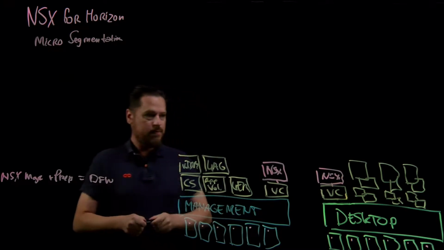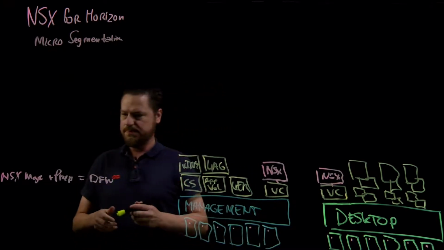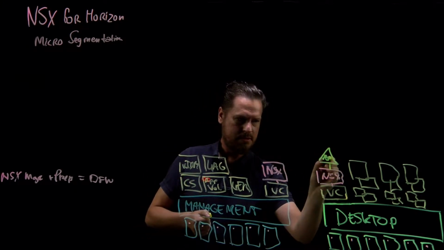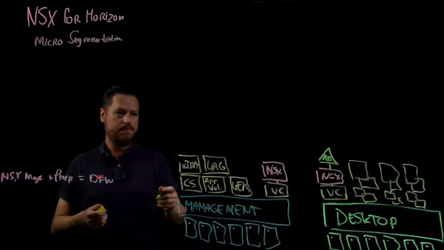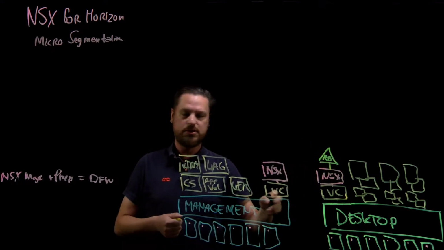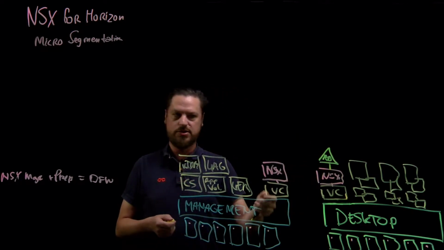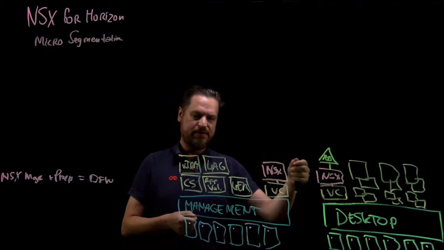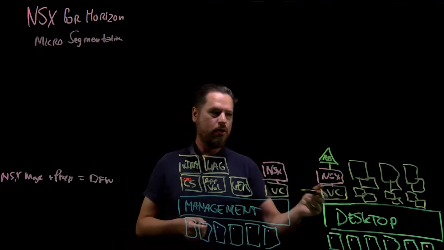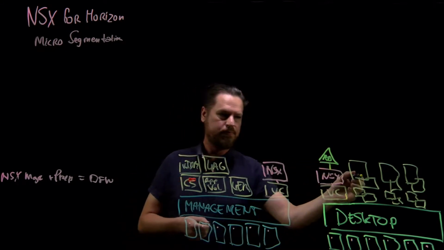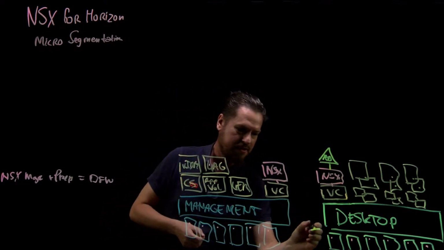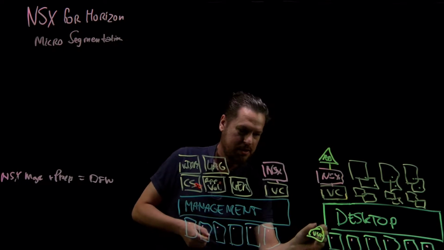Okay, so next we want to link the NSX manager to the Active Directory domain. So either via the log scraping, so connecting the AD to the domain controllers, so we can scrape the security log, so we get user and Active Directory group information from the Active Directory, or we can use the guest introspection to see what's in the desktops, and we need to have a VSM deployed on the host.